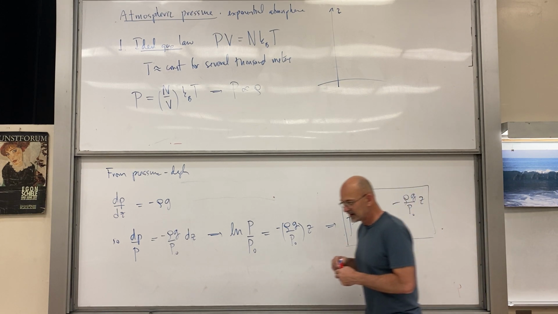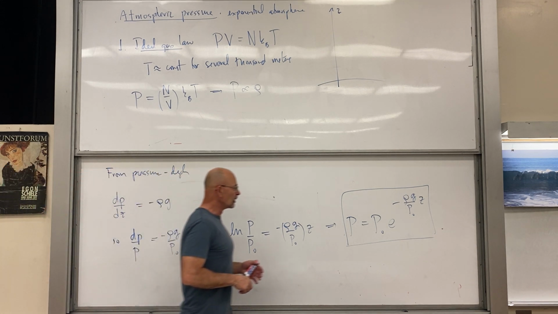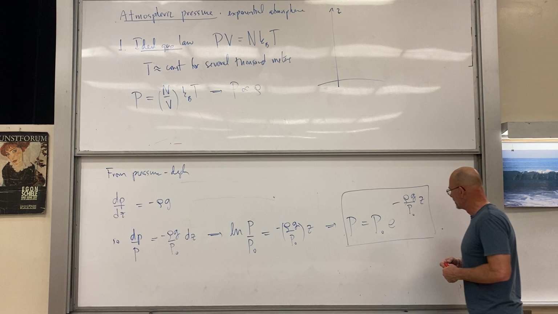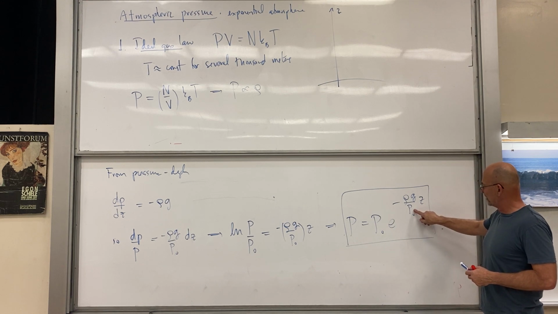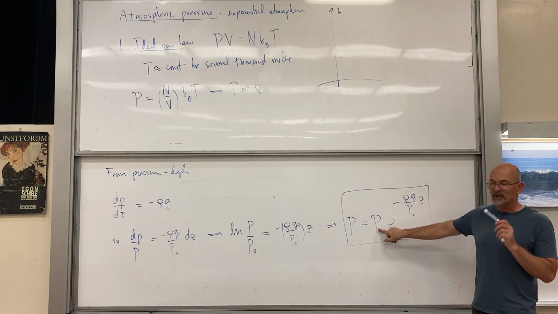Good. Once more, consult the clock. And good. So we'll call it a day on this. One thing you could do is for z equals 0, this is atmospheric pressure at sea level.